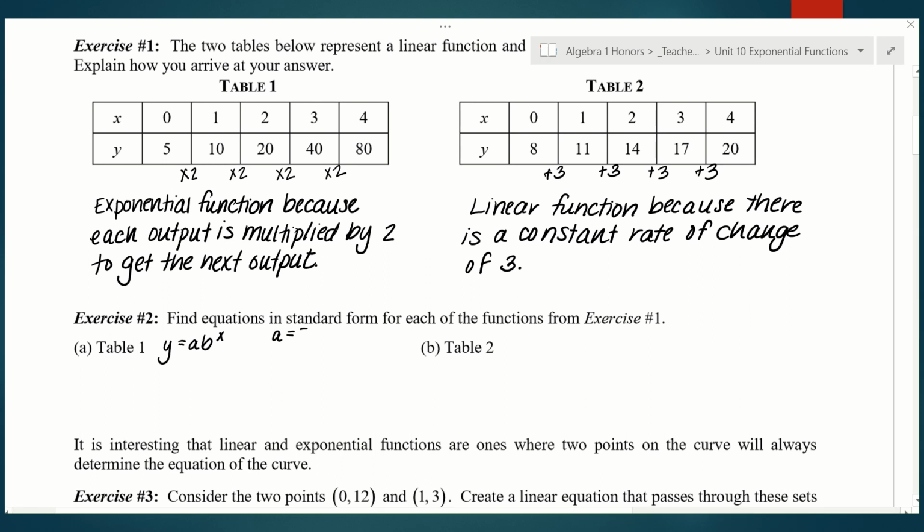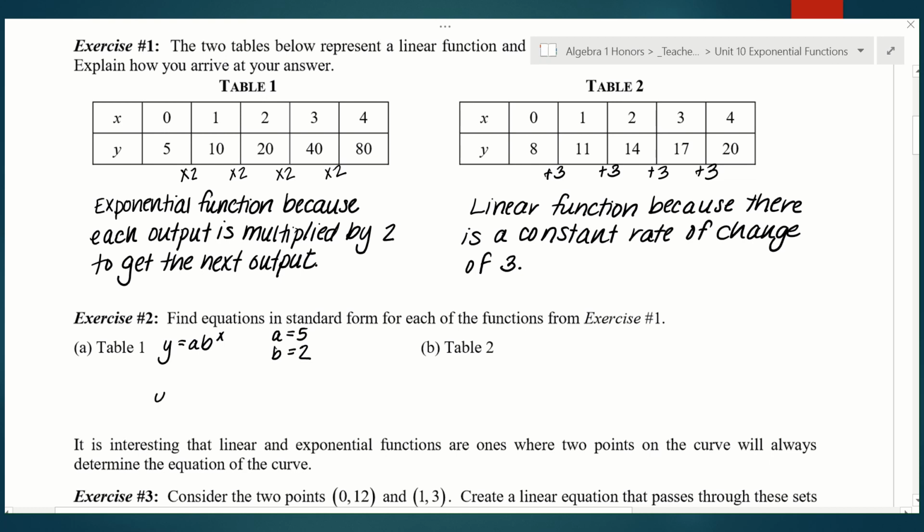So a is 5. And b is going to be my change, my times 2. We call that our growth factor. So that's going to be 2.